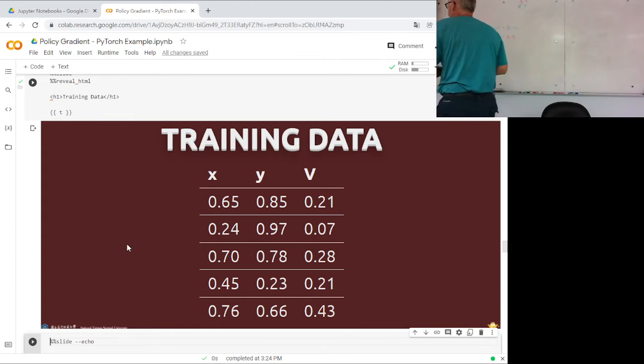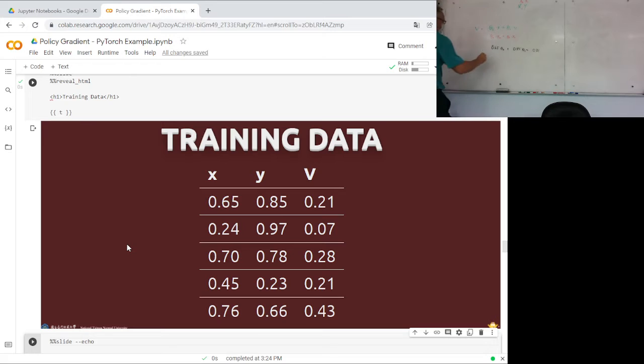So I can write this as 0.65 multiplied by theta 0 plus 0.85 multiplied by theta 1 is equal to V, which is 0.21.